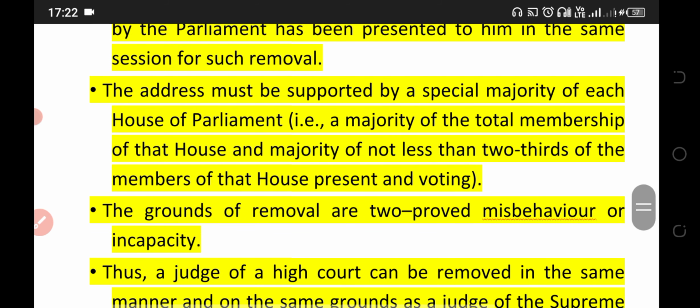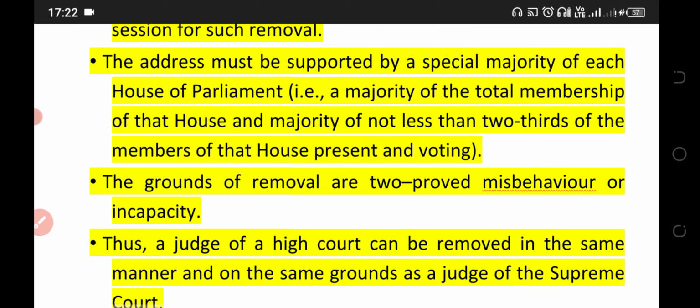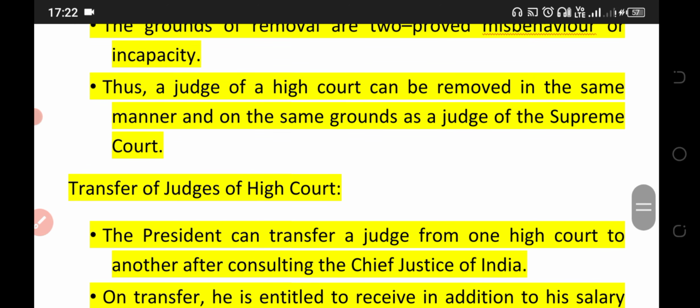The address must be supported by a special majority of each house of the Parliament, that is, a majority of the total membership of the House and a majority of not less than two-thirds of the members of the House present and voting. The grounds of removal are proved misbehavior or incapacity. The judge of a high court can be removed in the same manner and on the same grounds as the judge of the Supreme Court.